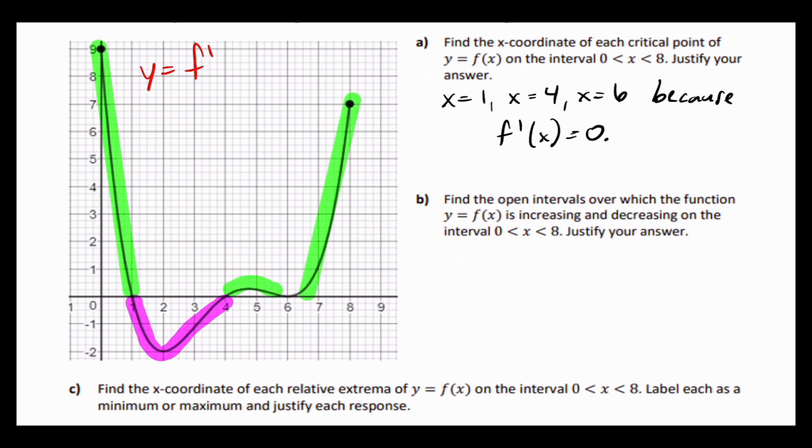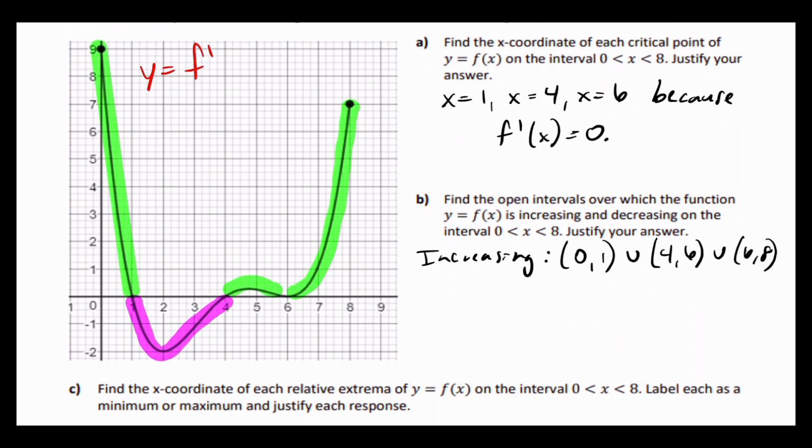So increasing is positive y values. Increasing is going to be from 0 to 1, or also 4 to 6, and from 6 to 8, because f prime of x is positive there.